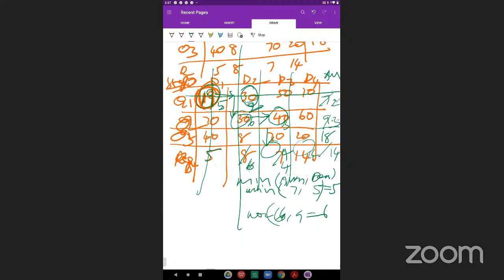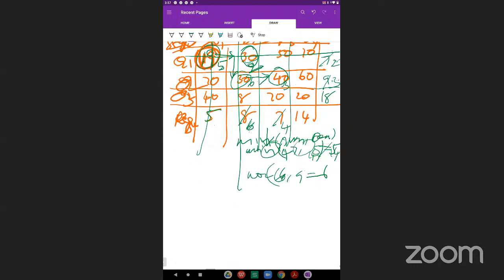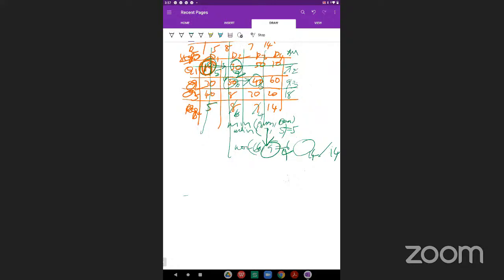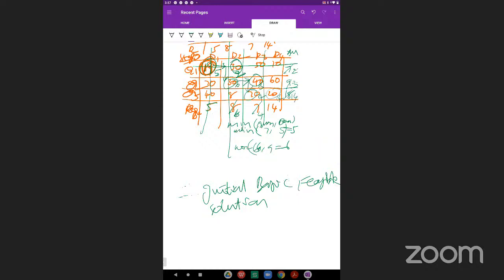Therefore, the optimal solution is the initial basic feasible solution. What are they? Origin 1 to destination 1.